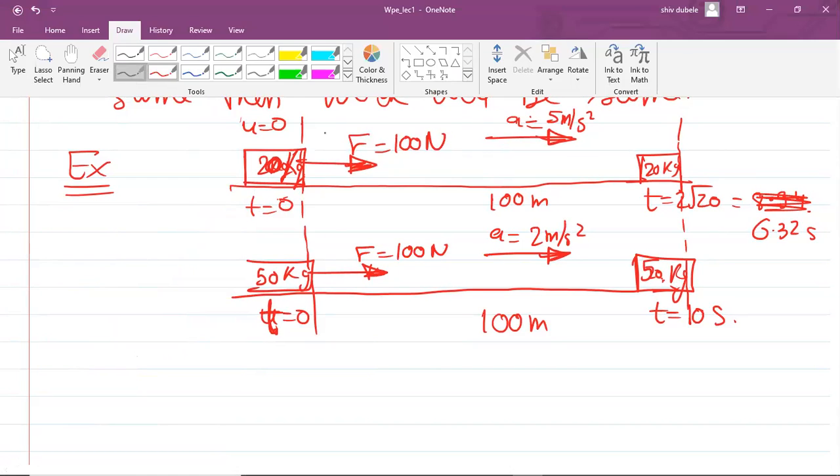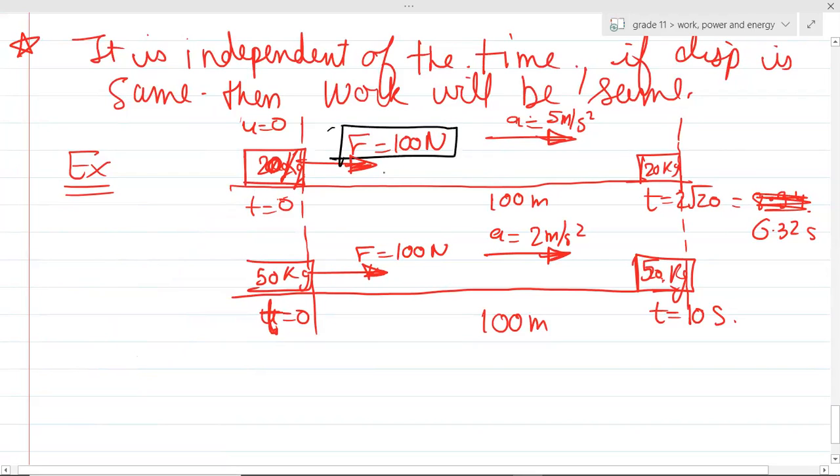The force which is acting on the block is 100 Newton, and the force which is acting on the other block is also 100 Newton. This block was 20 kg and this block was 50 kg, due to which the acceleration produced was different. The acceleration of the first block was 5 meter per second square and the acceleration of the second block was 2 meter per second square. What do you mean by the acceleration being different?